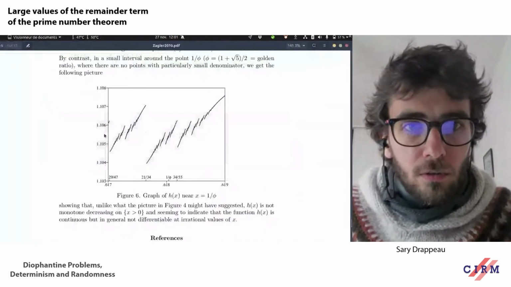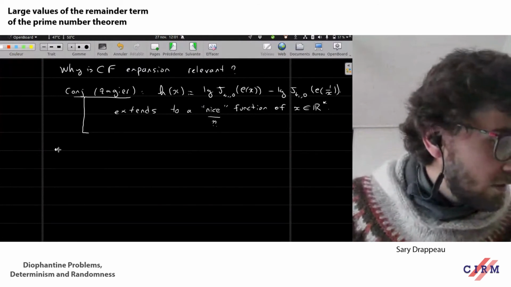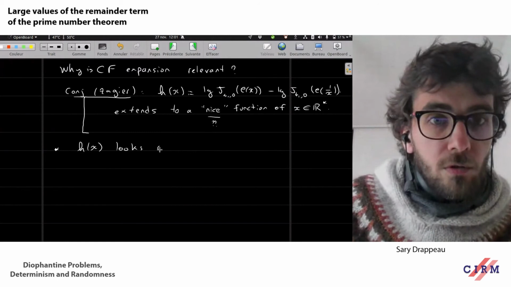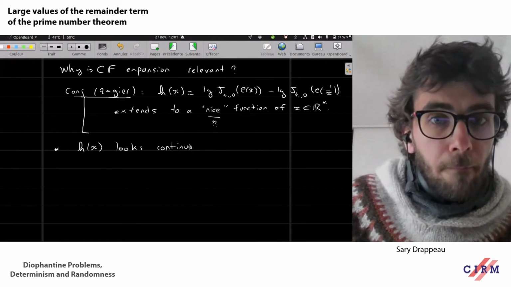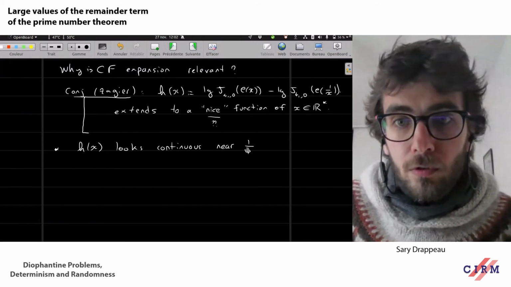So let's see, h of x looks continuous near the golden ratio, or the inverse of the golden ratio.